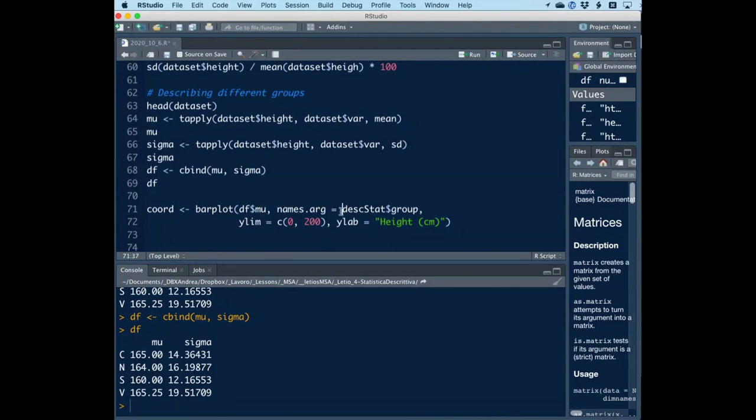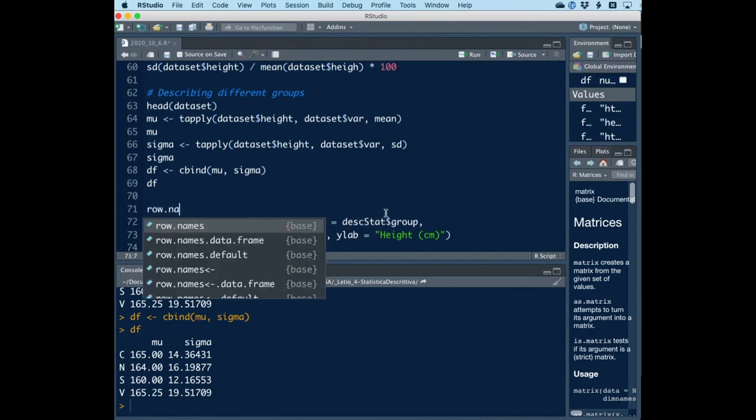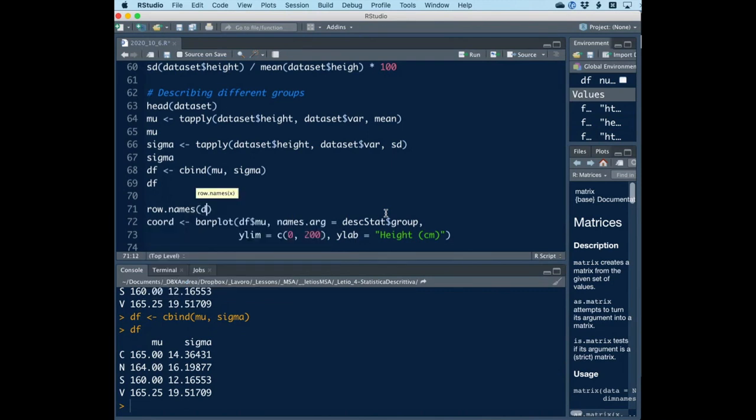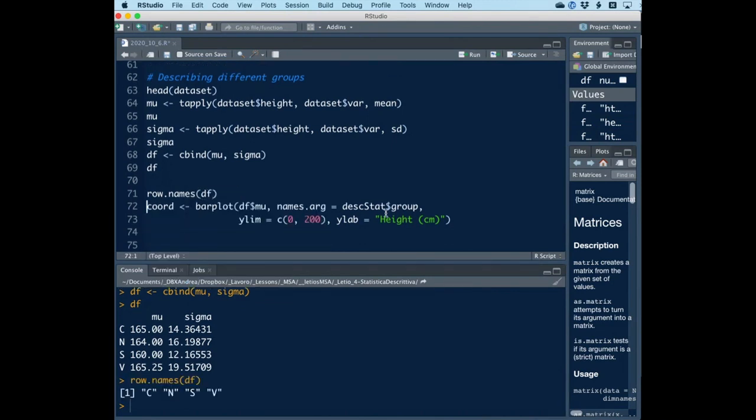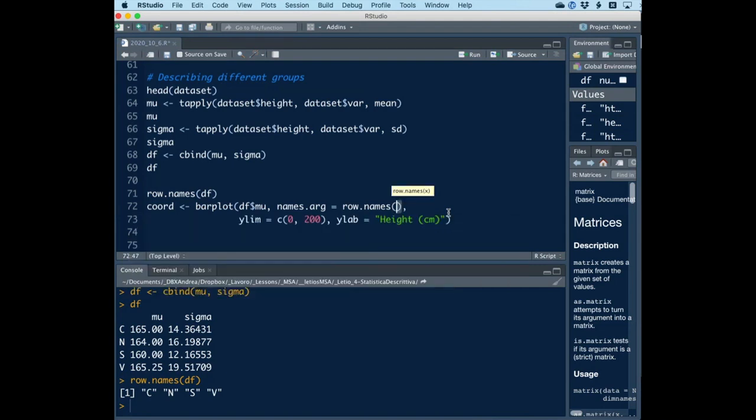So we take the names of the groups, but we don't have the names available here. We have a function, rownames of df, right? The row names are the names of the genotypes which we want to write below each bar. So we write names.arg equal to the names of the rows in df.